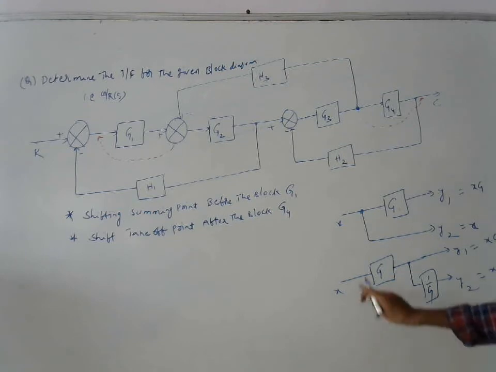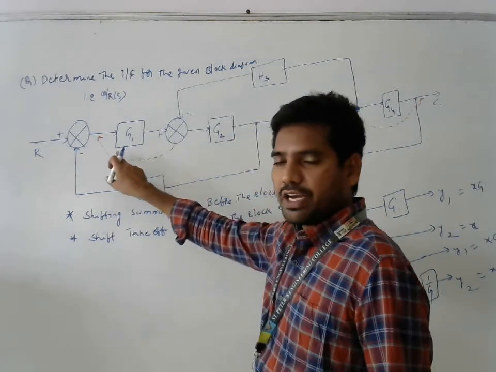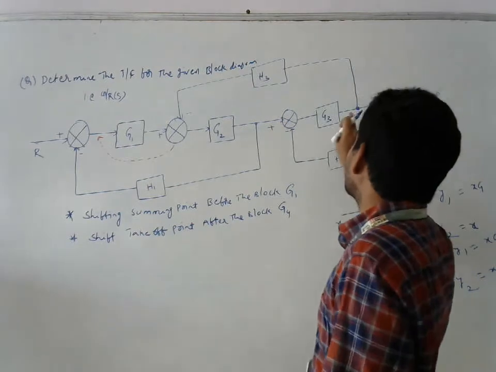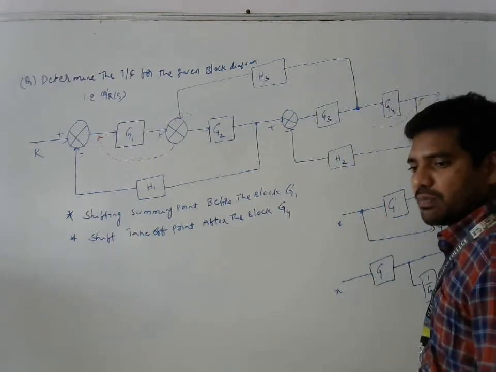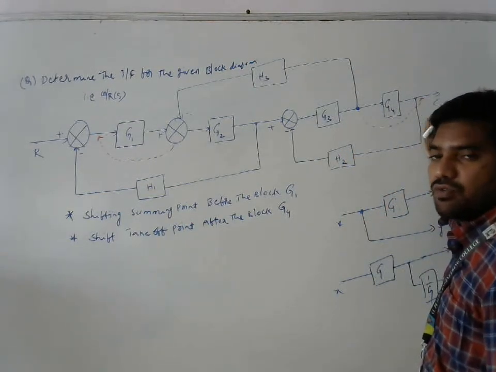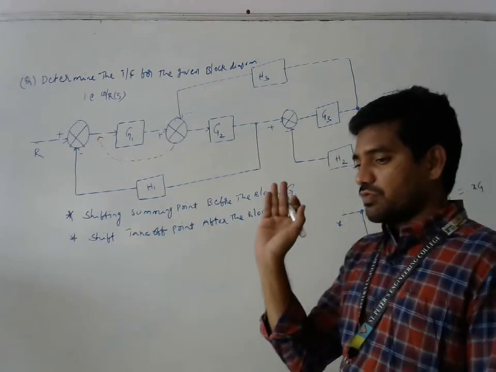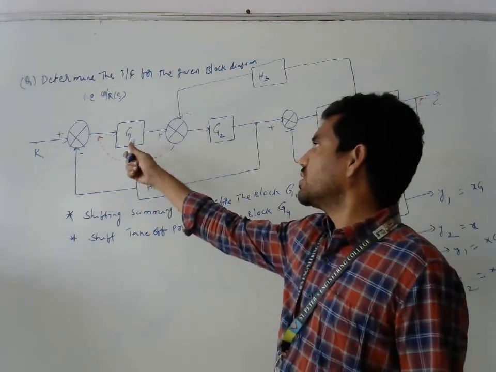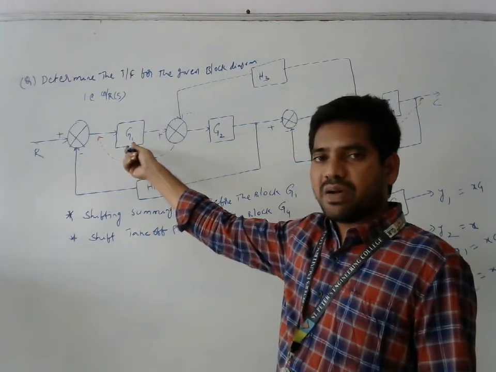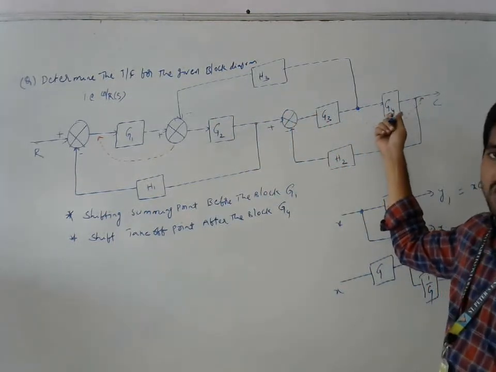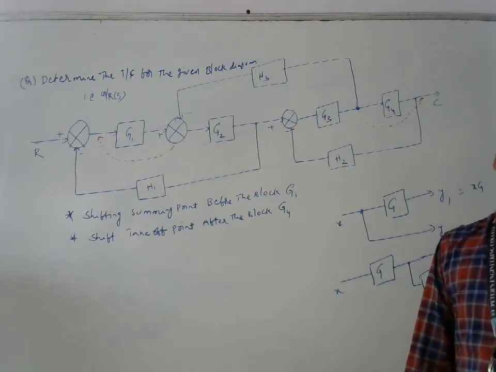To shift the summing point, we multiply by 1 by G1. To shift the takeoff point, we multiply by 1 by G4. Before G1, so we multiply by 1 by G1; after G4, so we multiply by 1 by G4.